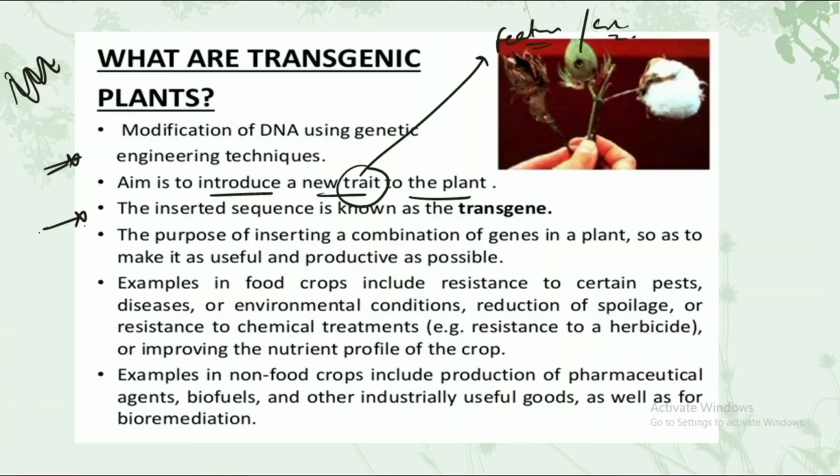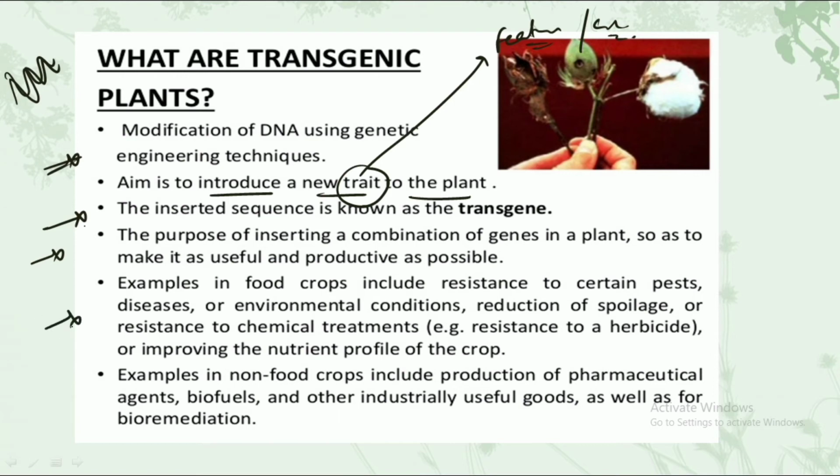The purpose of inserting a combination of genes in the plant is to make it as useful and productive as possible. So the main purpose for making transgenic plants or animals is to make the plant or the animal more useful and more productive.